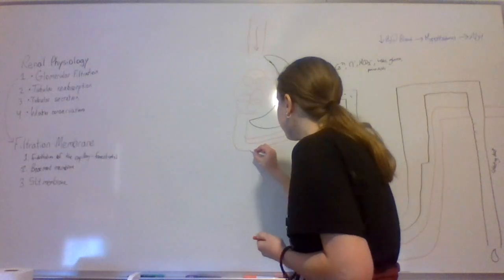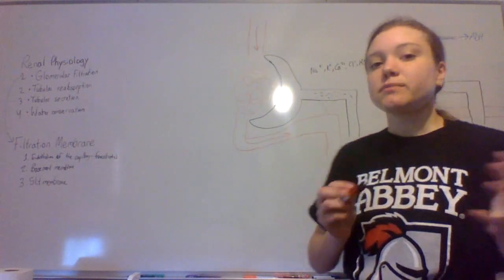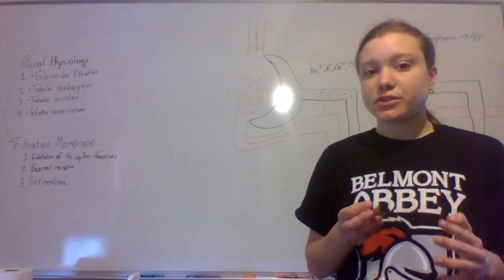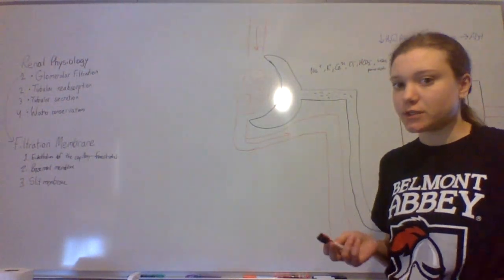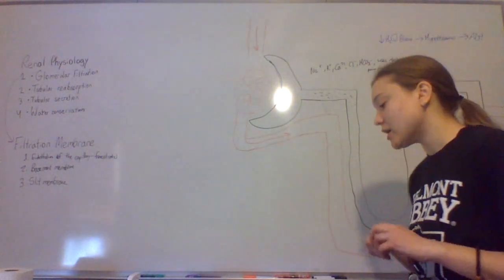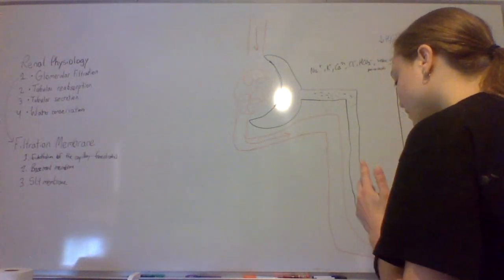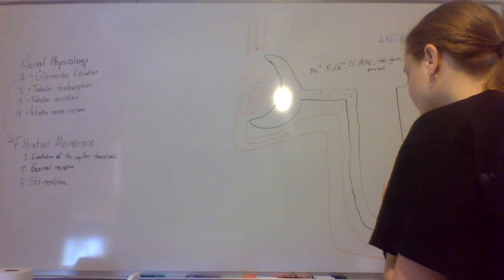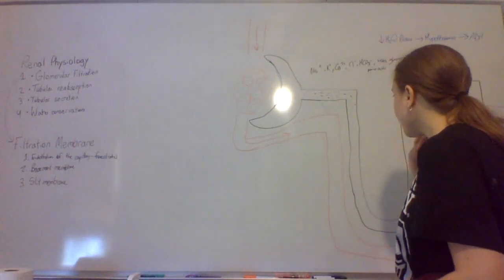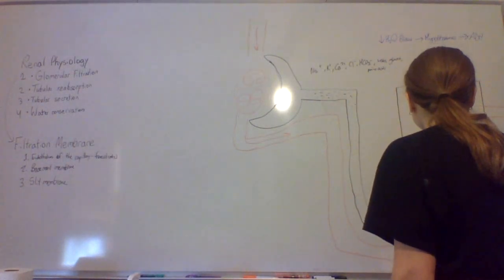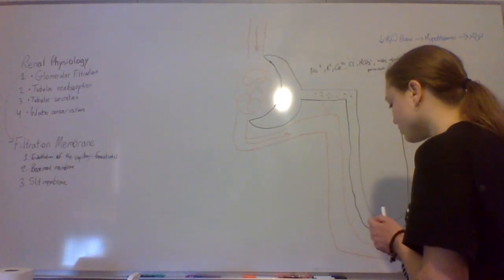Alrighty, so water conservation. We want to make sure that the kidneys don't excrete too much water, because otherwise, well, we need water to live, we need water to keep our blood pressure up, etc. So the concentration of urine depends on the hydration level of the body. Now, how do we get water to stay in here and not get reabsorbed?